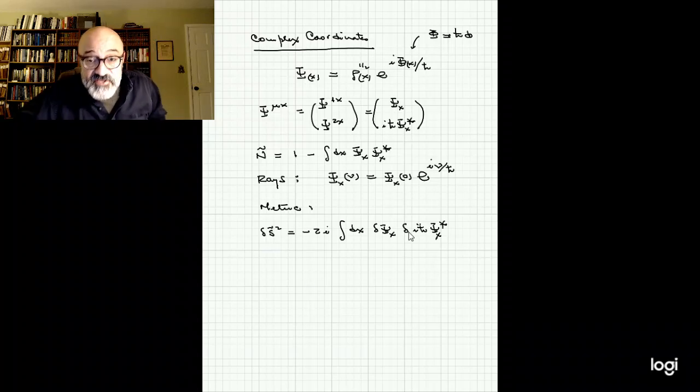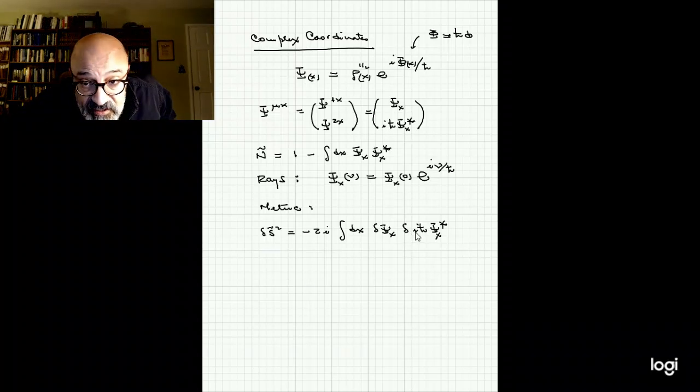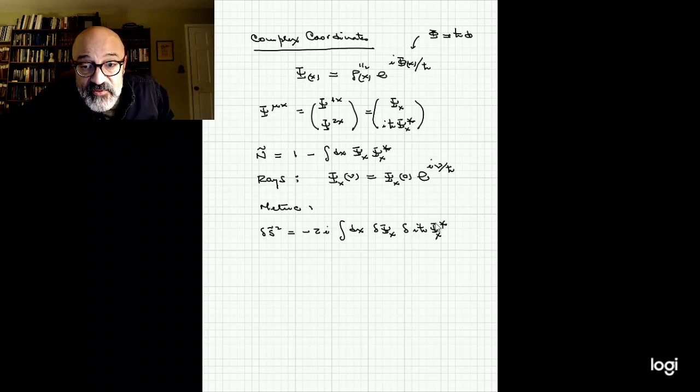That's what it is. So now you see that this is real. There is an i, and then there is a minus i, so this is plus, so this is going to be positive. The only reason there is an i in front is precisely so that here we have the conjugate momentum.